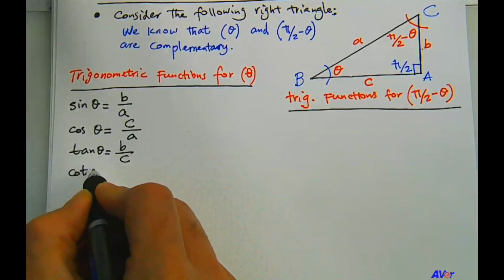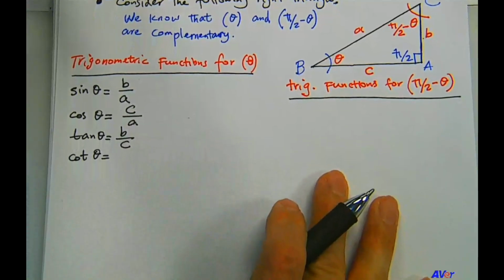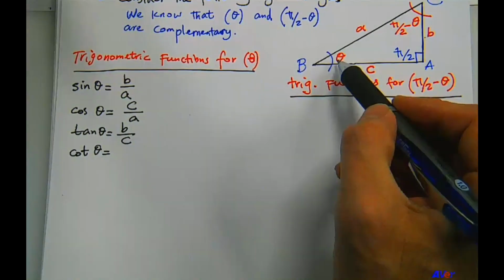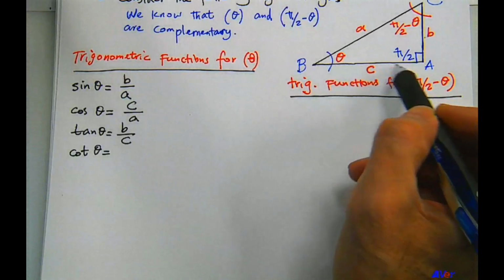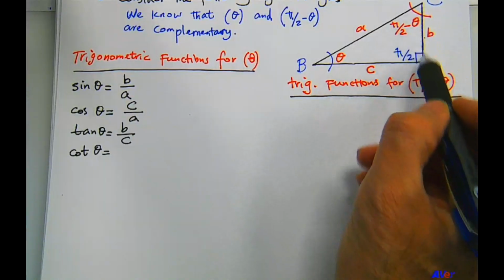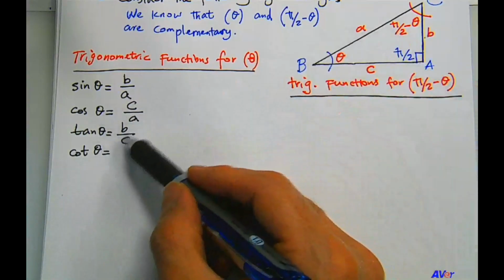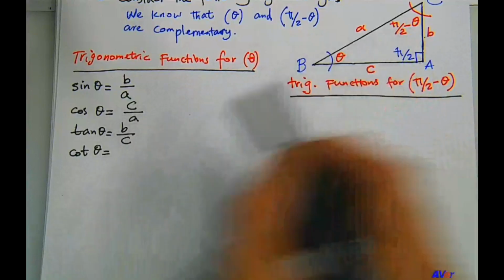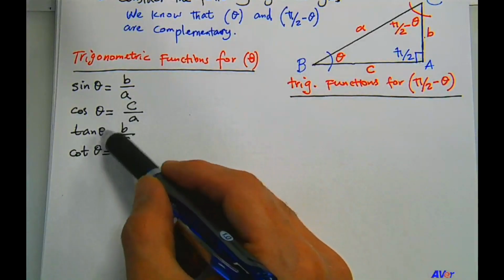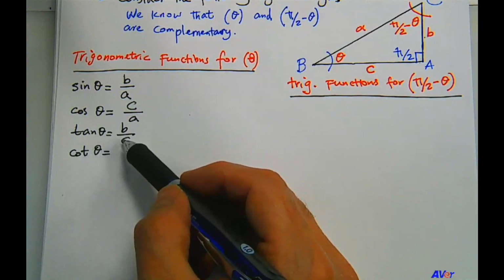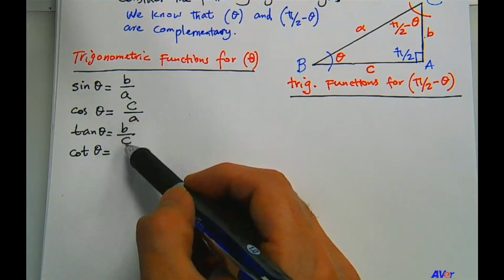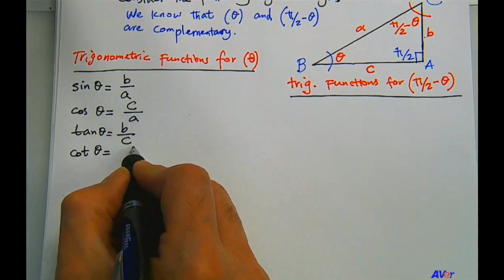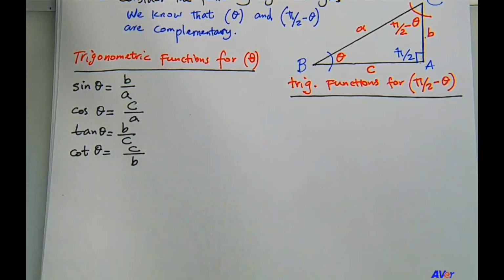Then the cotangent of theta is equal to the adjacent divided by the opposite, or the reciprocal of the tangent of theta. Either way, you can get that from the right triangle, or as long as you know the tangent, you can flip it and obtain the cotangent. So c over b.